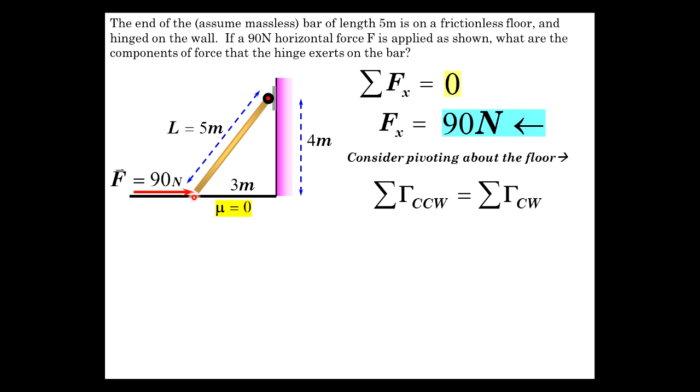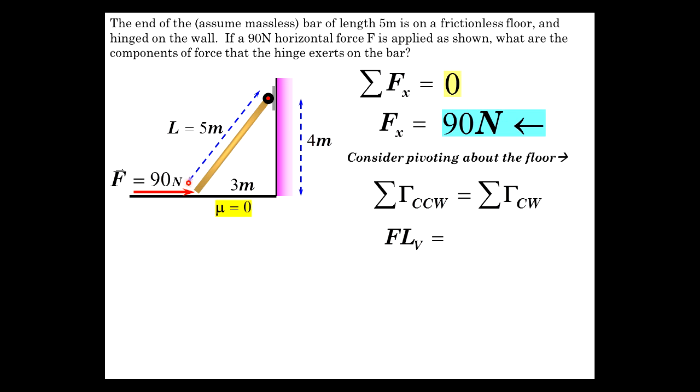Well, if you're pivoting from this point, the moment arm is this dimension. It's the 4 meters. So 4 meters times this force of the pivot against the bar to the left gives us the counterclockwise torque. So that's force times the vertical length of the bar.